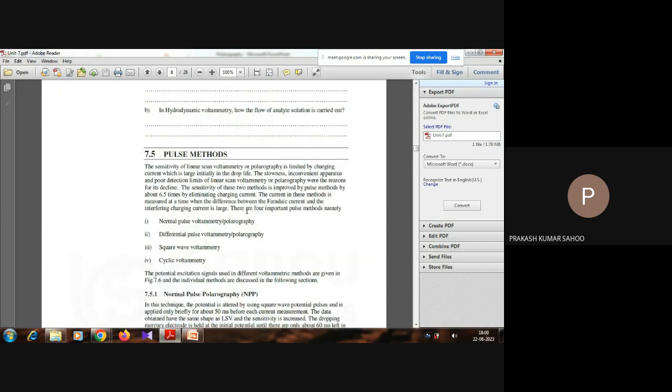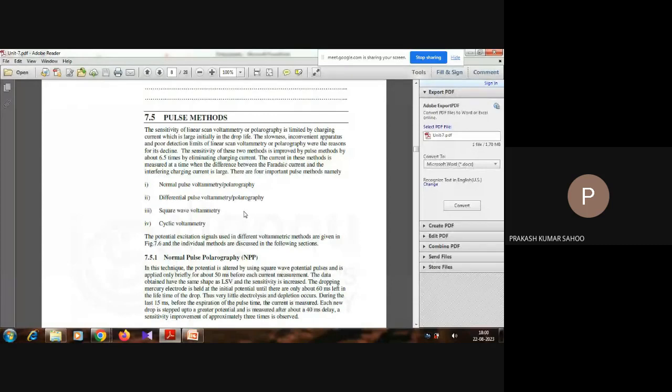Okay, then let's have some pulse methods. The sensitivity of LSV or polarography is limited by charging current, which is large initially in the drop life. The slowness, inconvenient apparatus, and poor detection limit of LSV or polarography were the reasons for its decline. The sensitivity of these two methods is improved by the pulse method by about 6.5 times. So why is the pulse method needed?